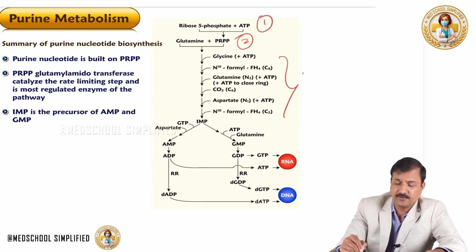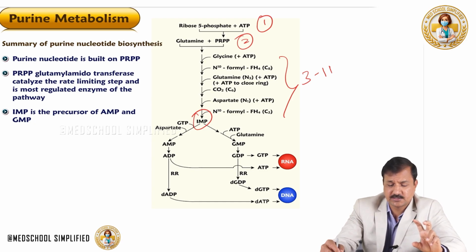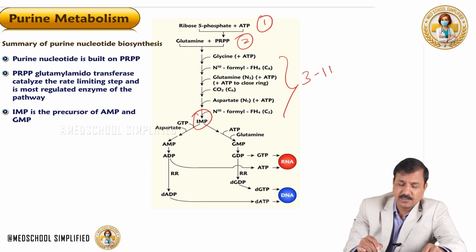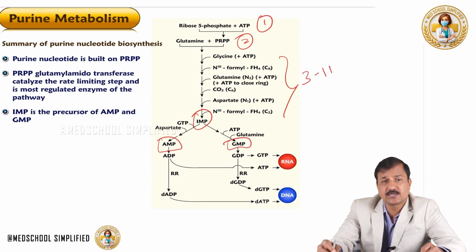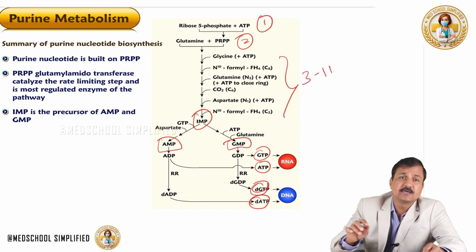After that, reactions 3 to 11, where we get IMP, with each atom coming in and donating atoms for purine nucleotide biosynthesis. Then IMP to AMP and IMP to GMP by adenylosuccinate synthetase and IMP dehydrogenase, and later they will get ATP or GTP for RNA, and dGTP and dATP for DNA synthesis.